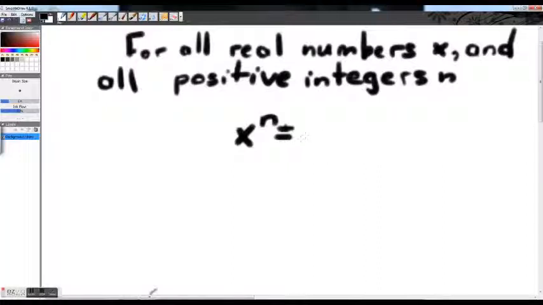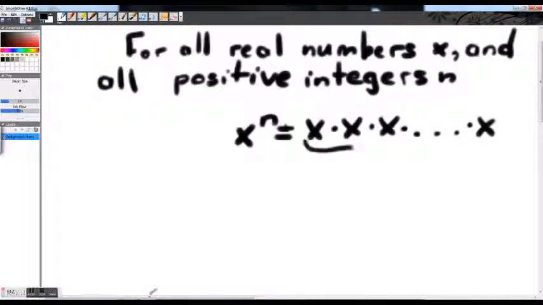How this notation is pronounced, x to the nth power, is equal to x times x times x, and the number of factors, the number of terms in this multiplication, is going to be n terms.